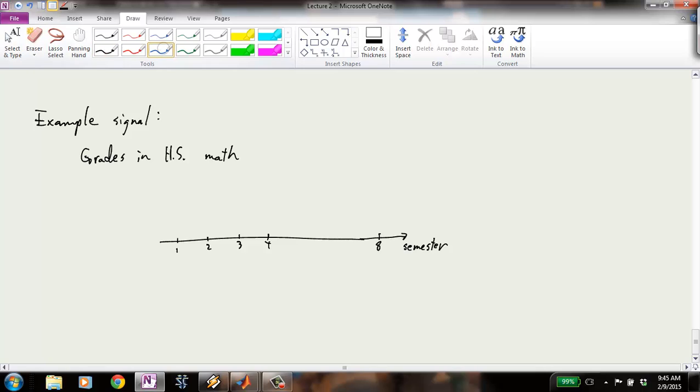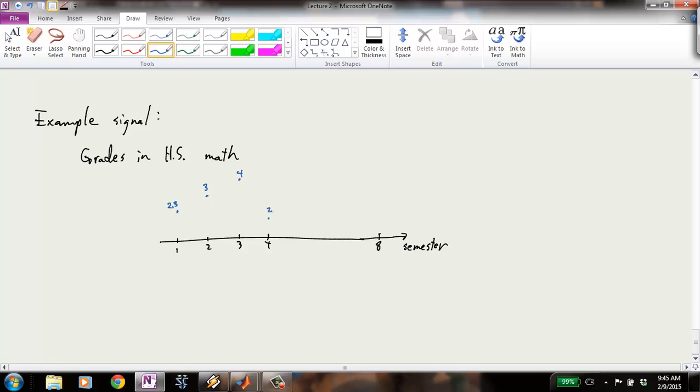And this would be a bunch of values. And to graph the value, let's do GPA instead of letter grade. Okay, so maybe it's a 2.3. We're really imagining here, and then it goes up to a 3, and maybe at some point it's a 4. Goes back down to a 2. Okay, so we have some graph of your grades, right?